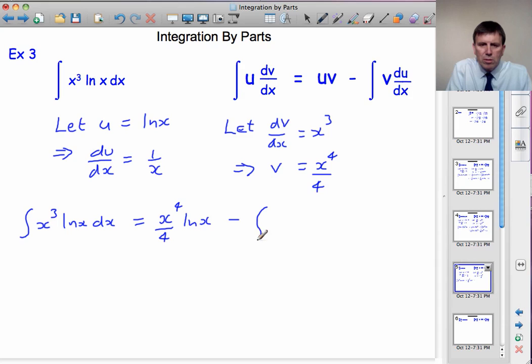Minus the integral of v du by dx, which is x to the 4 over 4 multiplied by, and the du by dx is 1 over x.